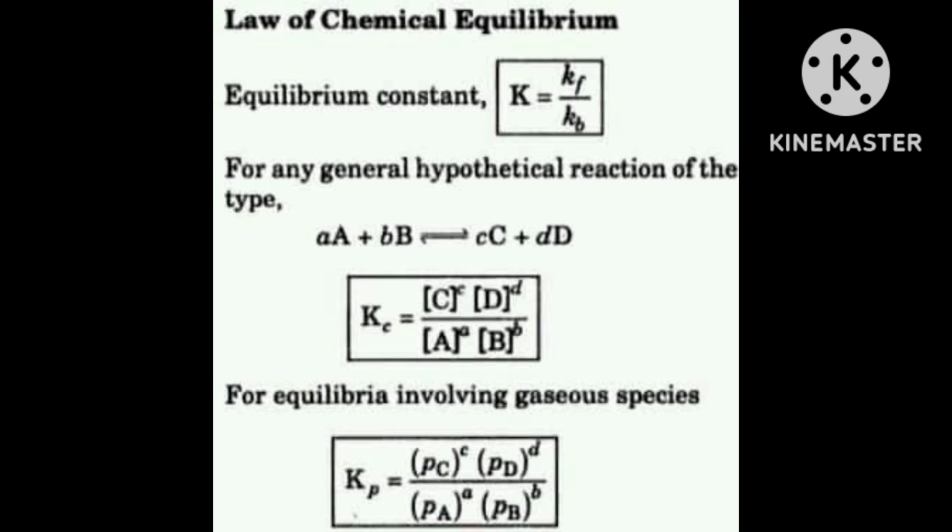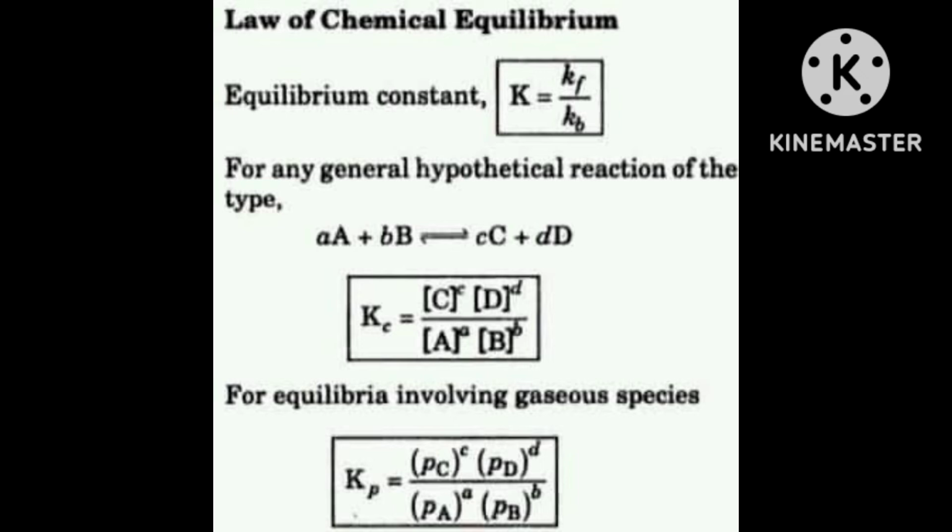Okay, this K I have told you is the equilibrium constant. Generally it is written as Kc, where c means concentration. The equilibrium constant is generally denoted by Kc, with a small c.